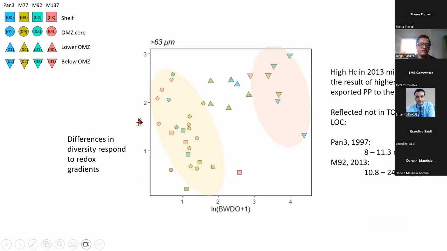Here is a figure for the diversity, the Shannon index of calcareous foraminifera, and this is versus the logarithm of dissolved oxygen +1, because there were very low values. And we can see 2 groups. This group of the data from the shelf, the squares, and the OMZ core is the circles. Here is a very explicit group.